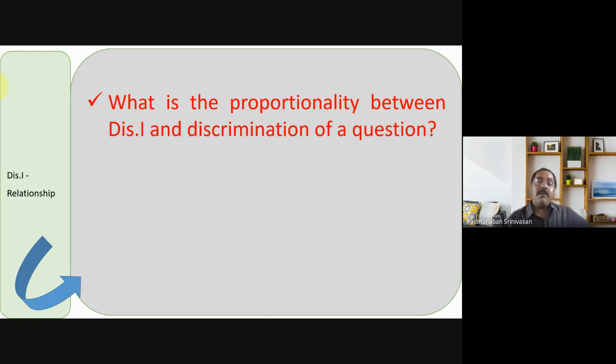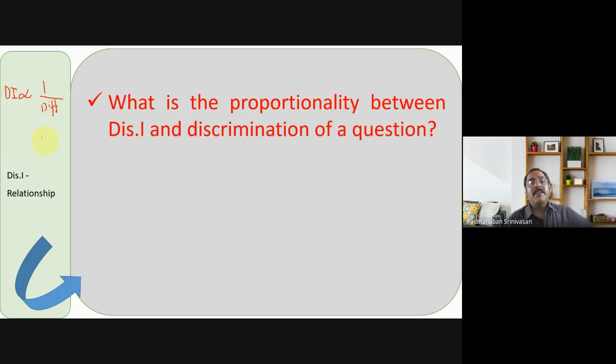You remember we said the proportionality for the difficulty index also. If the difficulty index is high, what is the difficulty of a question? Low, sir. Yes, inversely proportional. Difficulty index and difficulty are inversely proportional.